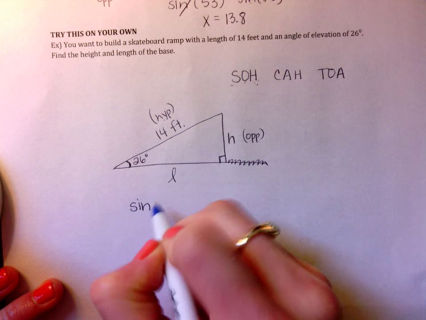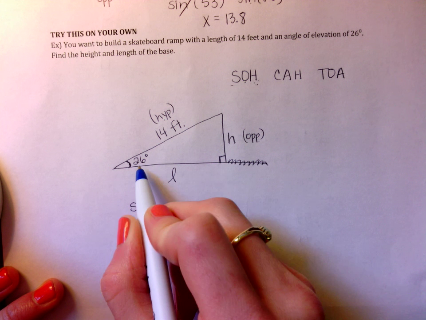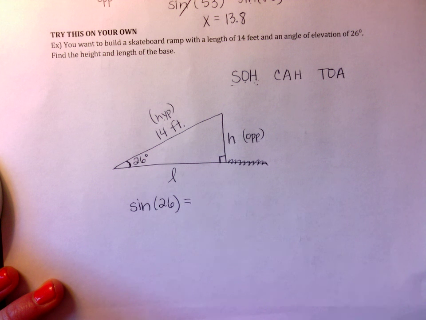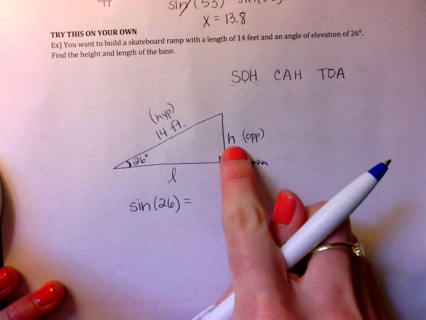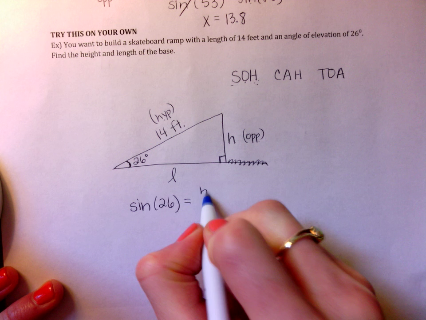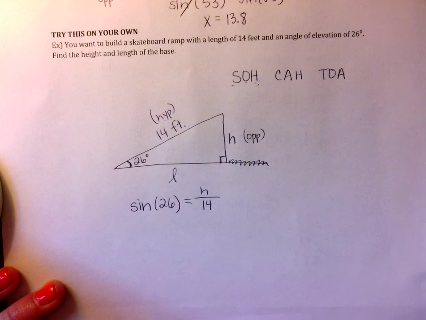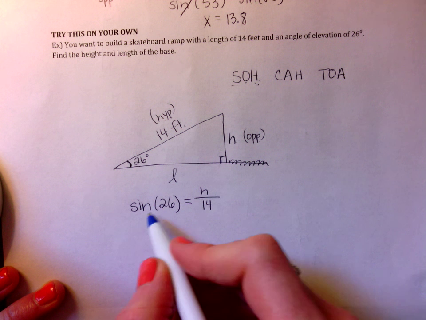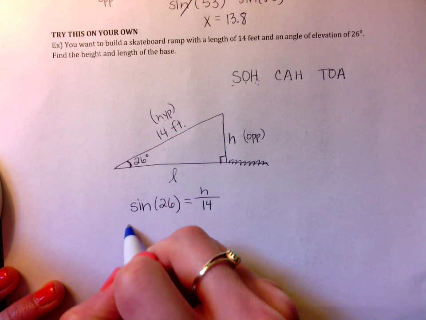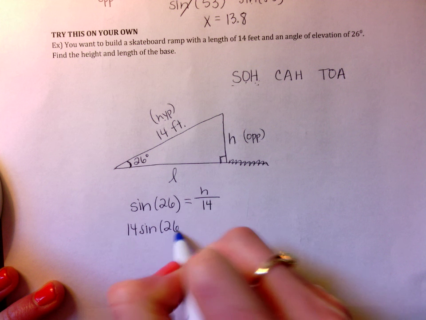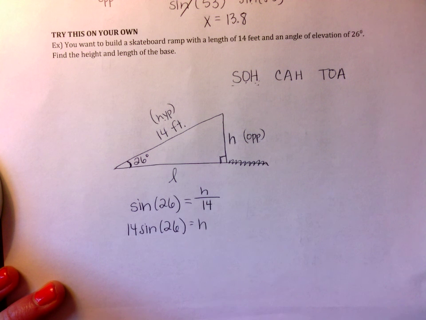Sine, remember we're doing sine and you put in the angle, 26 equals opposite, which in this case we don't know is h, over hypotenuse, which in this case is 14. We're just going to multiply both sides by 14, and we wind up getting 14 sine 26 equals h.